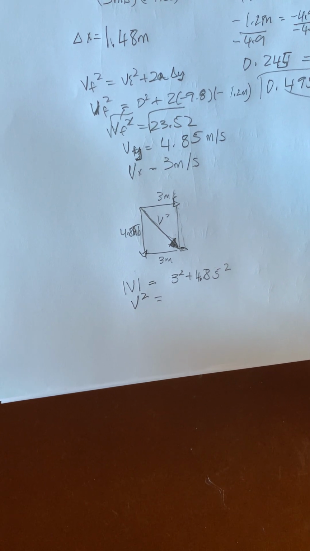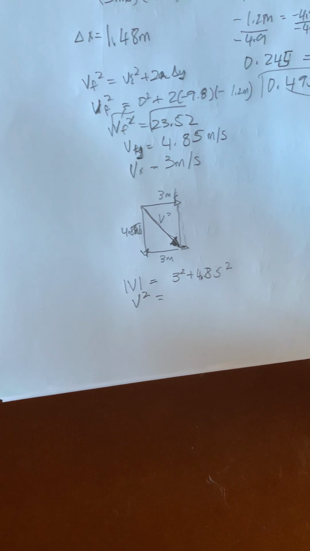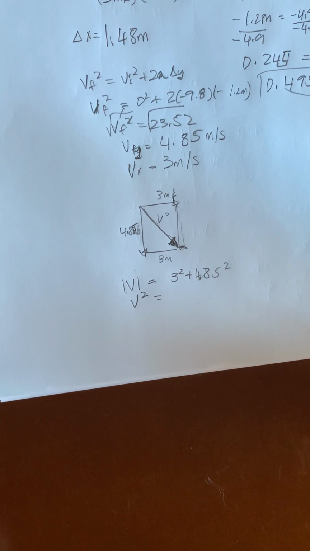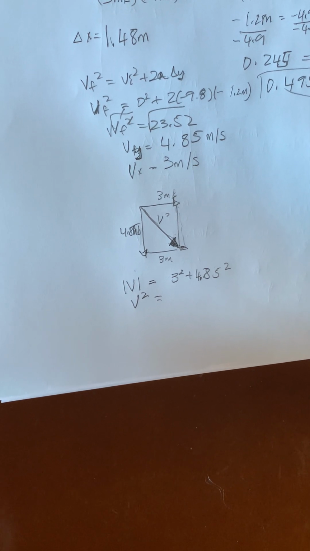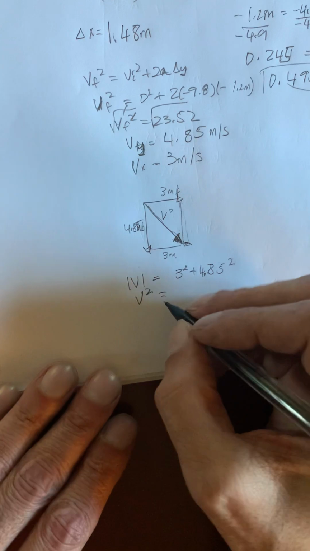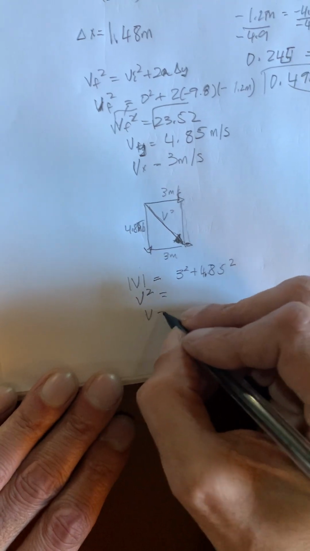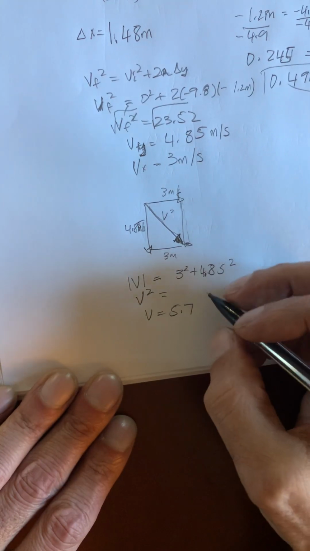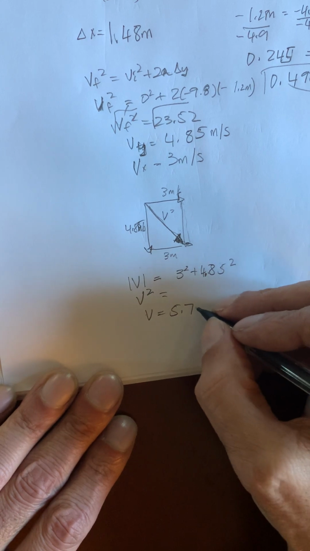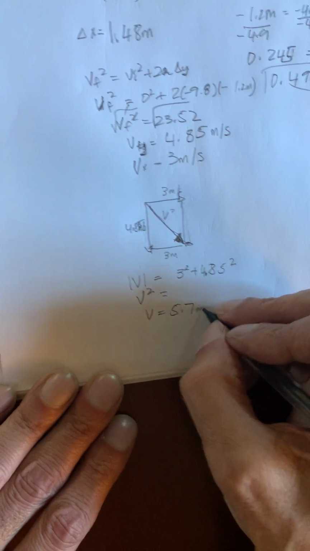So this would be 9 plus 4.85 squared. That's 32.52. I take the square root of that, and I get 5.7. So V is going to be 5.70, or 5.7 meters per second.